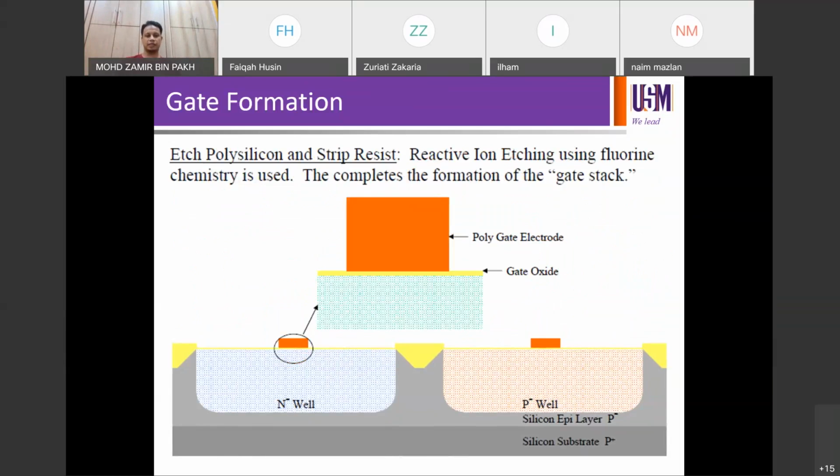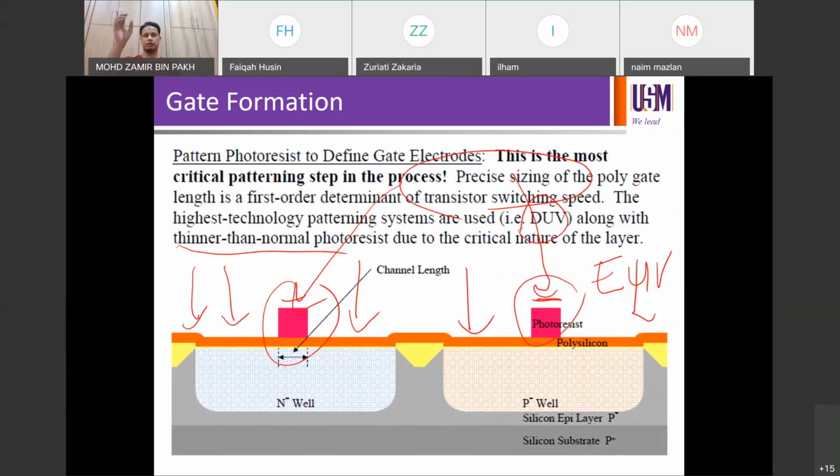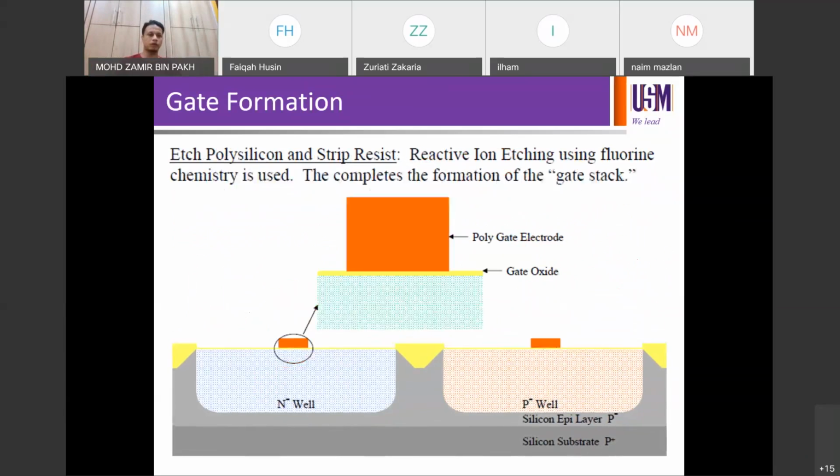Etch polysilicon and strip resist. Etch polysilicon first, right? Etch polysilicon, but the area that you want to maintain will be blocked by photoresist. Then only you strip the photoresist, then you will be defining your gate, right? Etch polysilicon and strip resist.